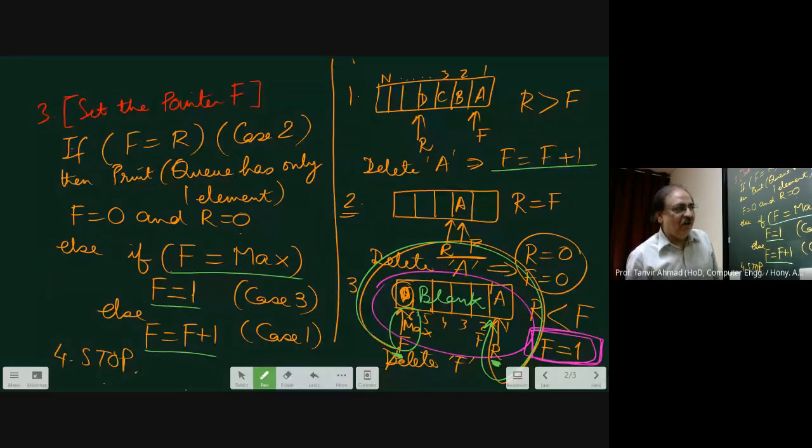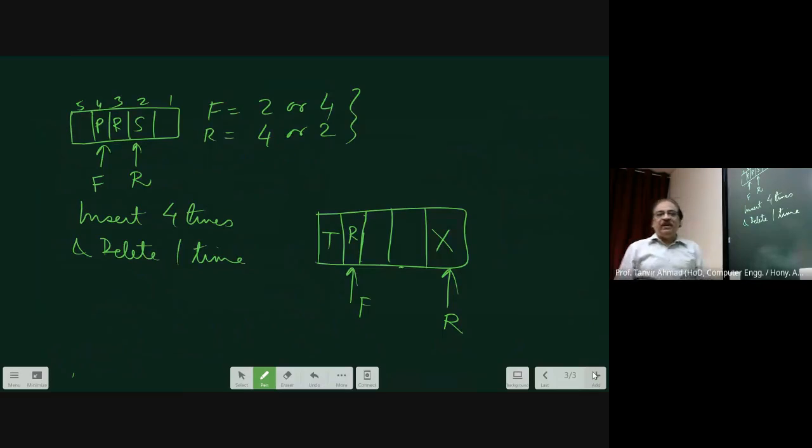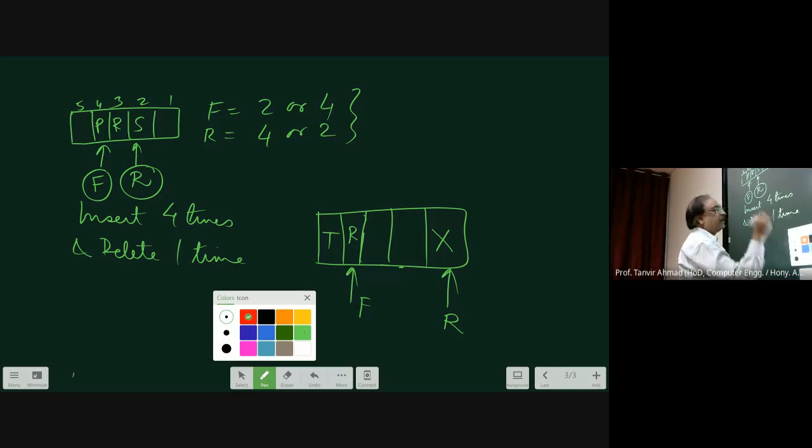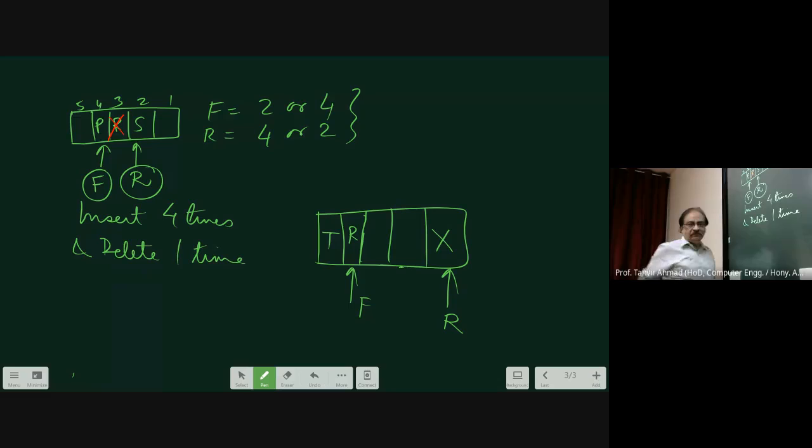Now, what I said is that if A is over here and F is at this place, these all must be blank. Now here you just see the same thing. R is here and F is here. It means this cannot come. This cannot come. That means this was wrong.